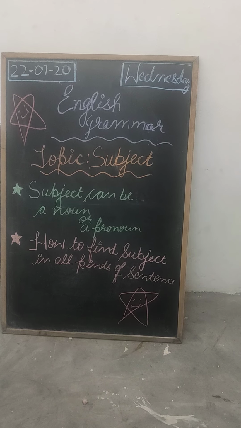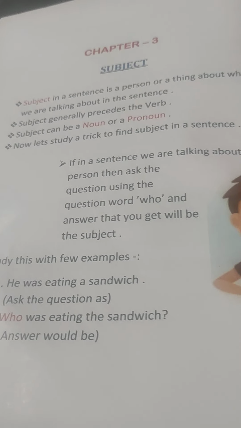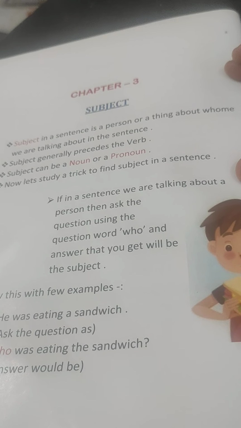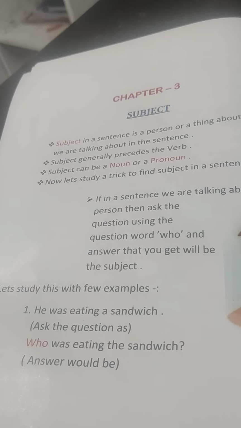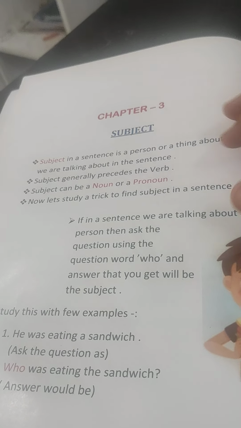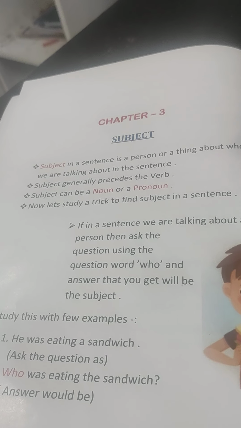So what is a subject? Basically, a subject in a sentence is a person or a thing about whom we are talking in the sentence. Now, I will explain this in a more elaborate manner. What is a subject? The person or anything about whom we are talking in the sentence.